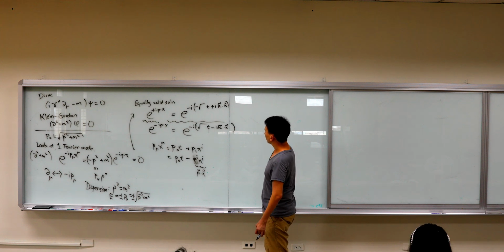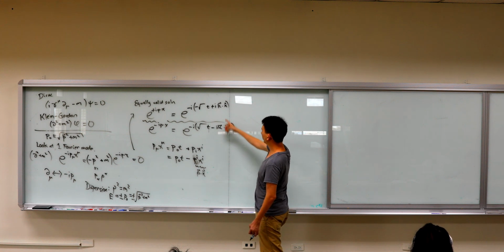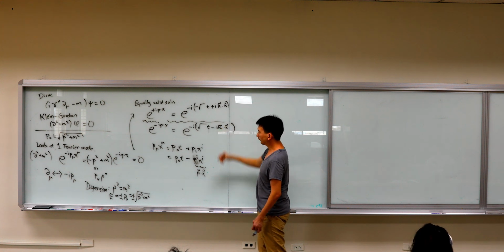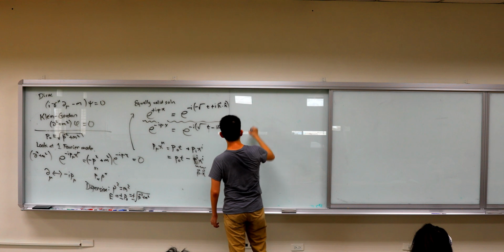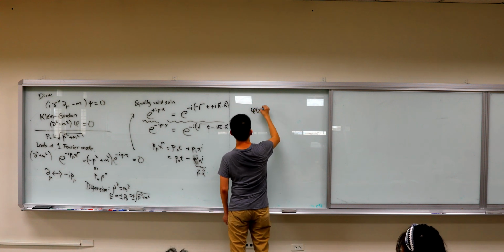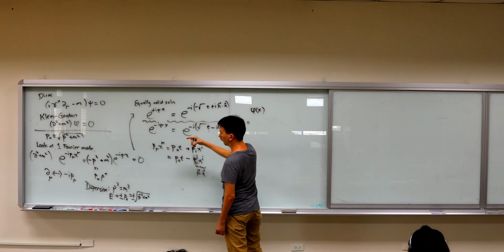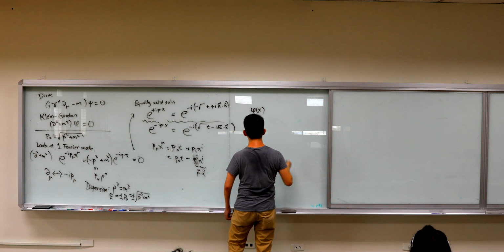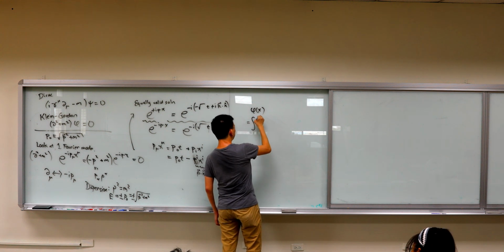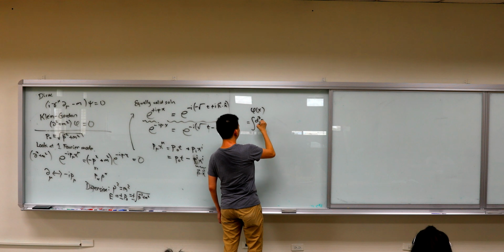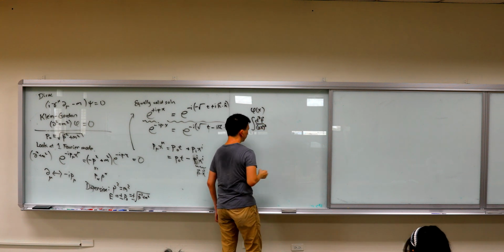And in fact, what you discover is that, of course, this is nothing but a complex conjugate of this, and vice versa. So the most general phi of x should just be the sum over all of these basis functions. And so, because p is continuous, we write it as a Fourier integral. Okay?